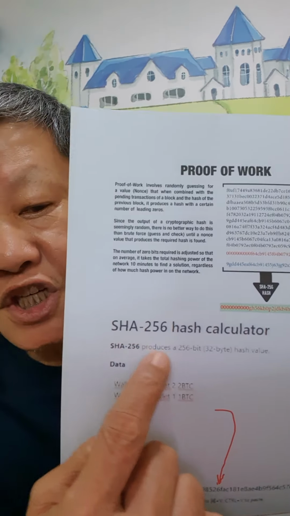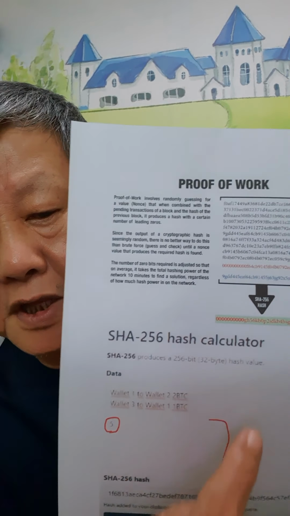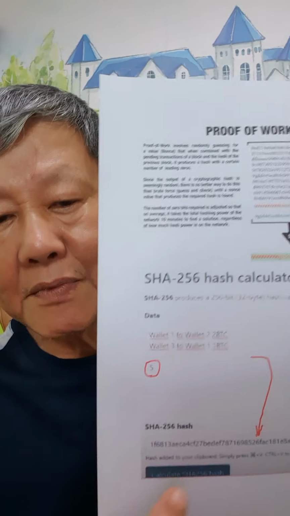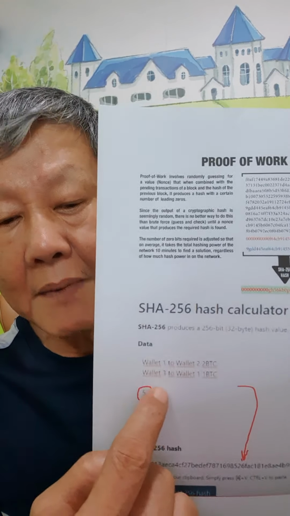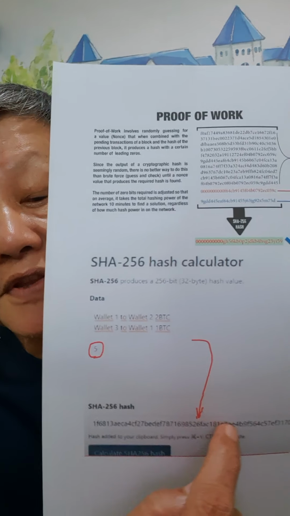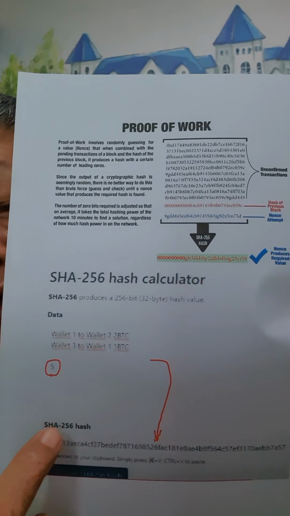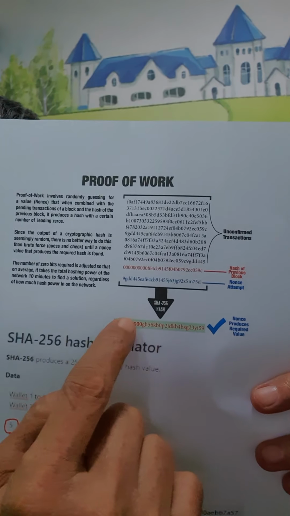This is called the SHA-256 hash calculator. What you do here is calculate one time, calculate two times, calculate three times, four times, five times. In this example here it is 5 times. The result is this. Miners had to get this result to match this result.